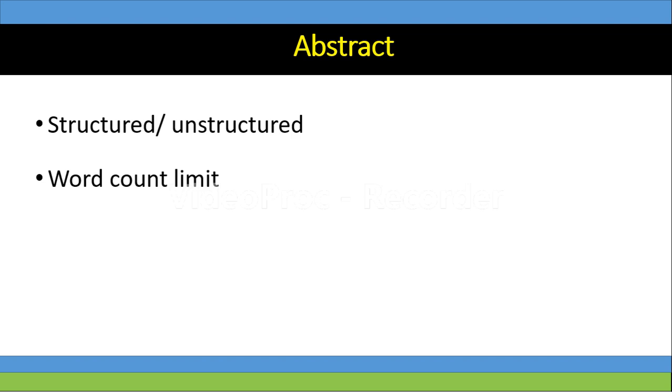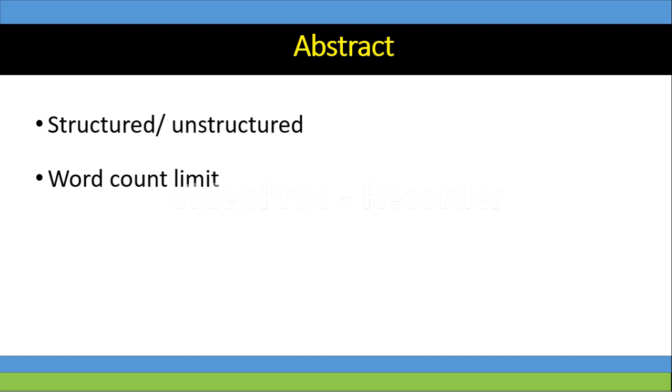Another important thing to understand is the word count limit. Again, you need to read the instructions to authors, and most of them for case reports have a limit of 150 to 350 words. It all depends on the journal. So if there is a limit of 150 words for the abstract, you cannot have 151 words, because whenever you are submitting your article online, the online submission system will not allow you to proceed if you have even a single word more than the word count limit.